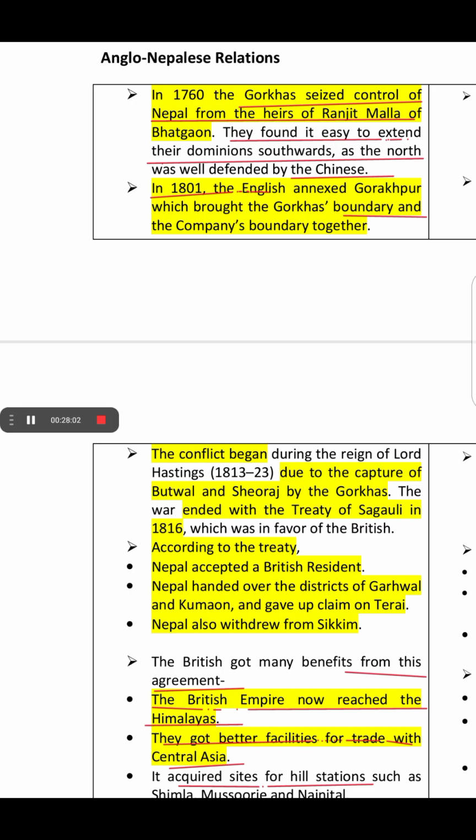The north of Nepal was protected by the Chinese, making it very difficult to expand in that direction. So the Gorkhas moved southward towards India. Now, in 1801, the British annexed Gorakhpur, a region near Nepal. This led to increasing contact and tensions between the British and the Gorkhas.